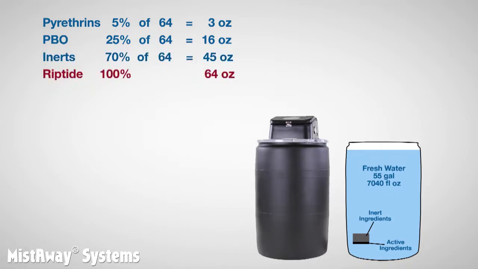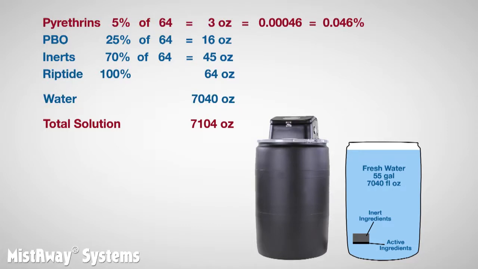To calculate the percentage of active ingredients in the mist, we need to divide by the total volume in the drum. So we start with Riptide, 64 ounces. Then we add the water in the drum, 7,040 ounces. And the total is 7,104 ounces.